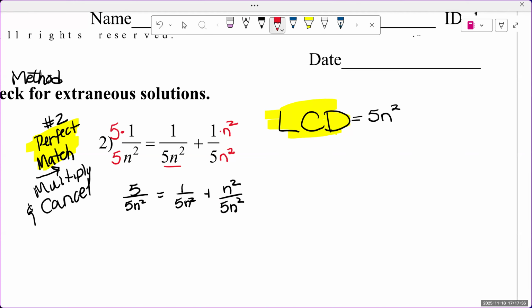So I'm going to multiply everything by 5n squared. My whole goal is to cancel that denominator. Okay, so cancel, perfect match, perfect match. So now my equation comes down as 5 is equal to 1 plus n squared.